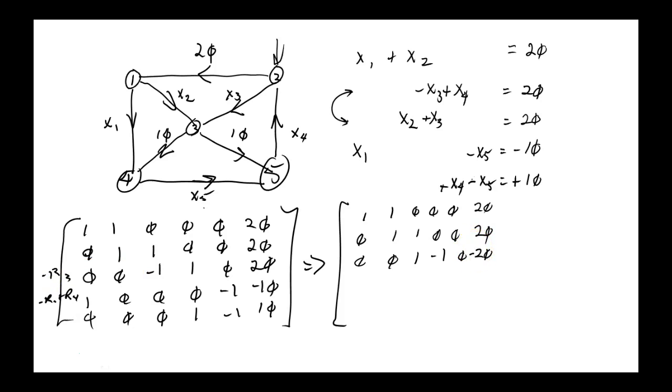Okay? Now we do the fourth row. Row 4 minus row 1 is 0. Next. Row 4 minus row 1. Minus 1. Next.